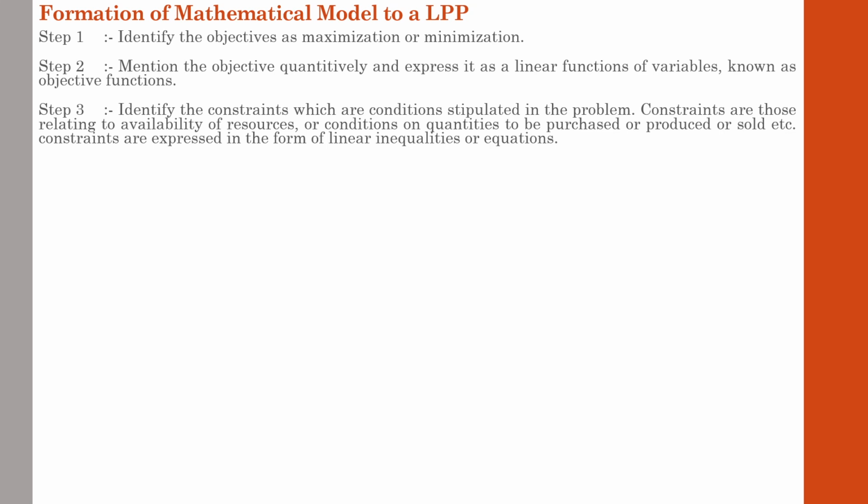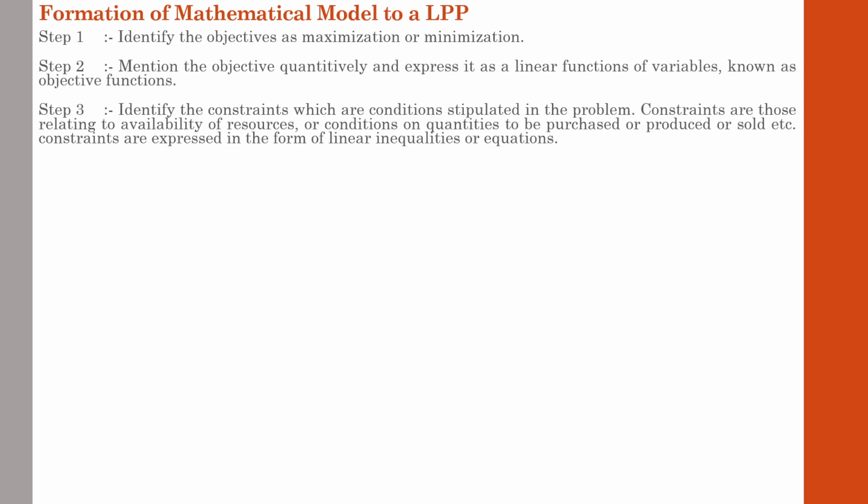So what are the constraints? That basically depends upon the nature of the question. If it is with regard to maximization of profit, my constraints will be how many goods have to be sold, or how many goods have to be distributed to the consumers, what price has to be set, likewise.